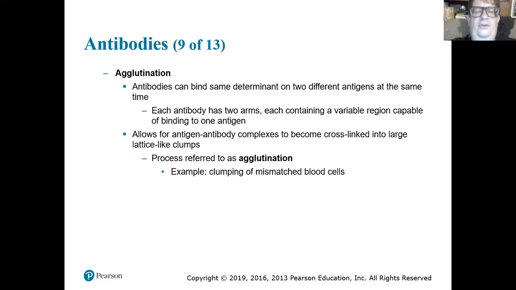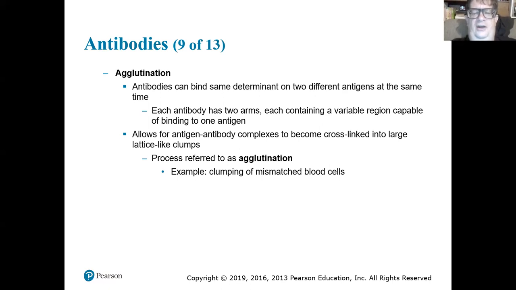Find the same determinant on two different antigens at same time. Each antibody has two arms containing a variable region of binding to one antigen. This is the example I talked about with mismatched blood cells, where you grab a bunch of them together.